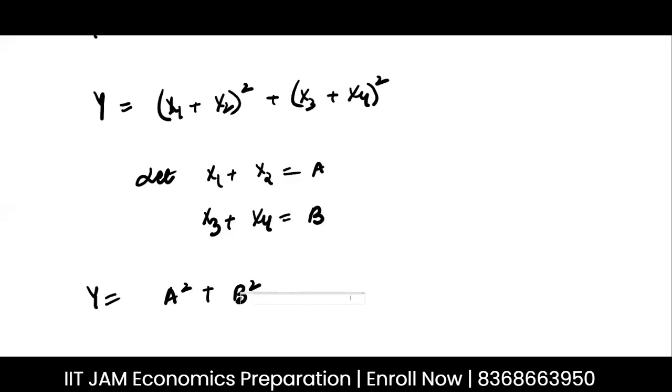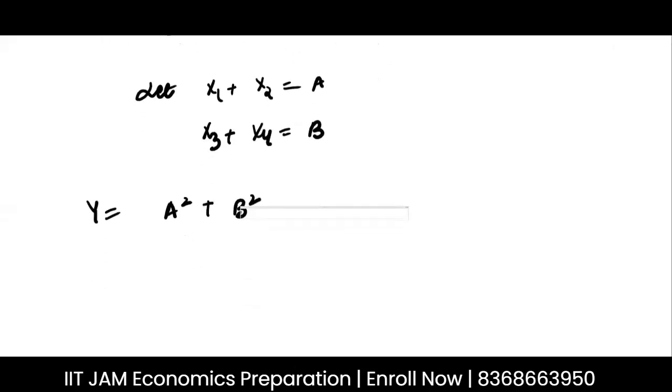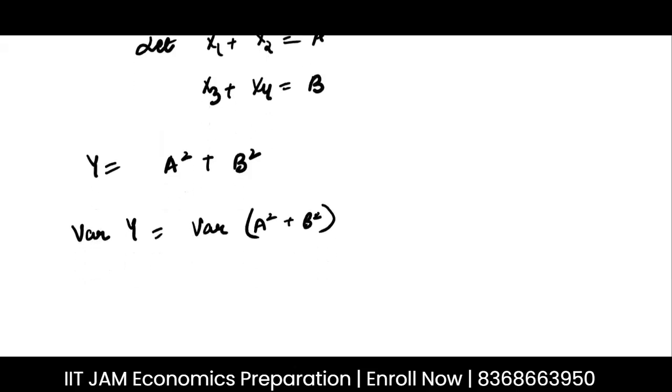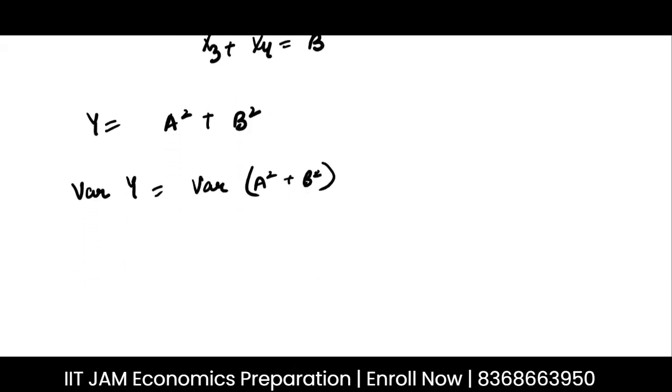Now, because the question is asking to find the variance of Y, we will say that variance of Y is equal to variance of A square plus B square. But what is the formula of variance?